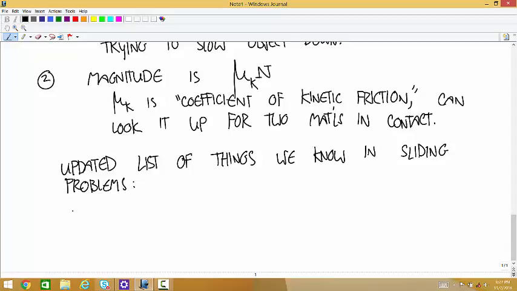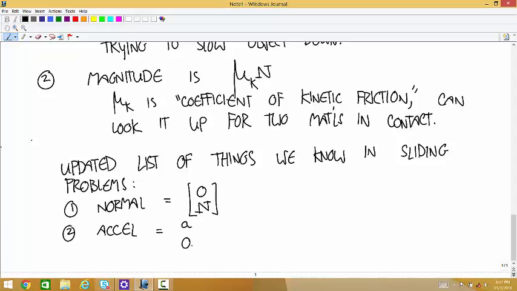Okay, so first we know the normal force is equal to 0n. We already talked about that. Second, we know the acceleration vector is a0. We've already been using that.